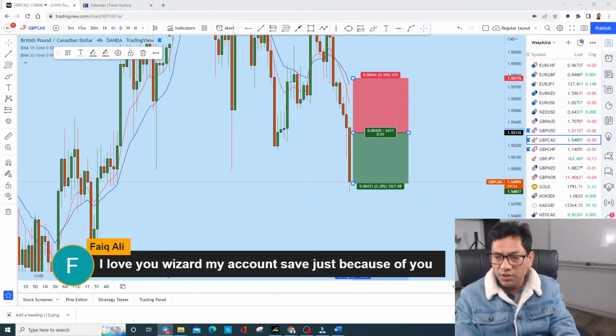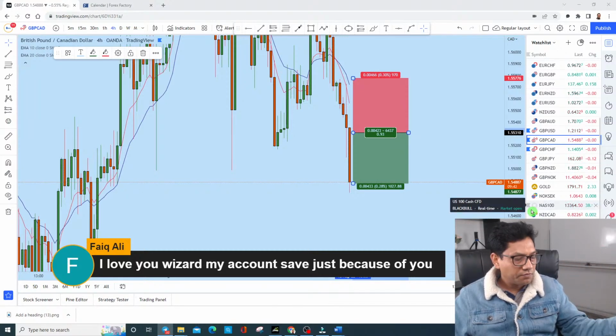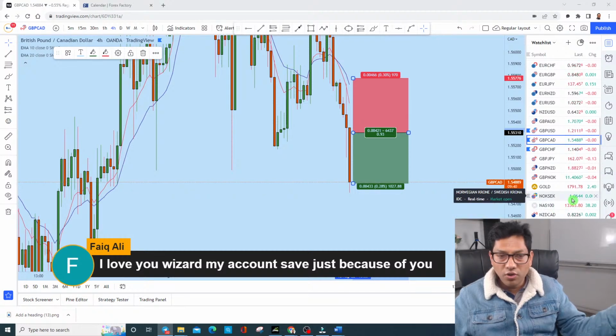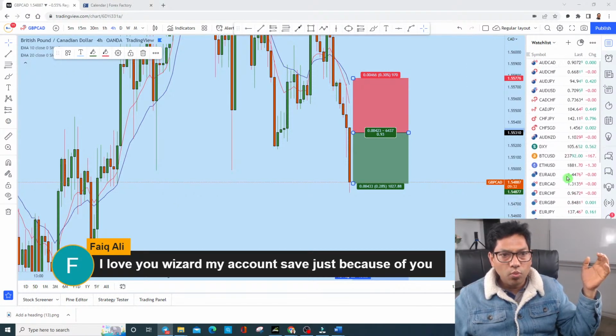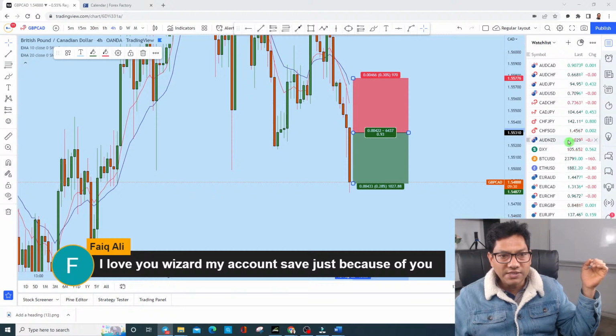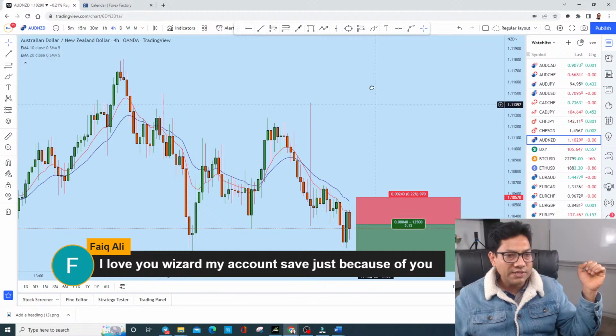Close GBPCAD. So we have had quite a few successful trades. One or two trades had the stop loss hit, but most of them were successful, profitable trades this week. Quite a few: EURAUD, 2 trades, USDCAD, USDCNH, GBPCAD. And look at what's happening with the AUDNZD, which is where we started, but we will keep running the AUDNZD trade.